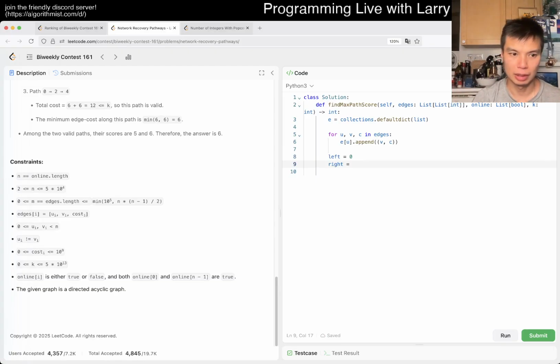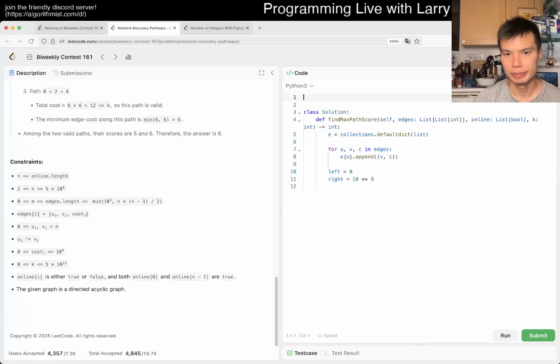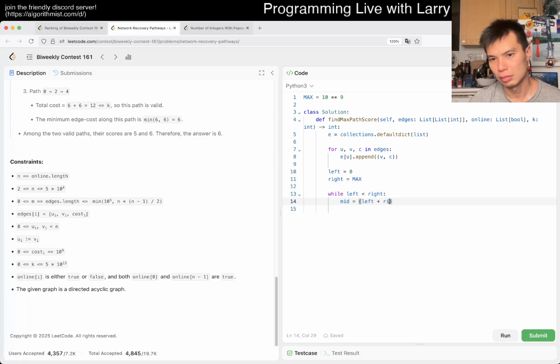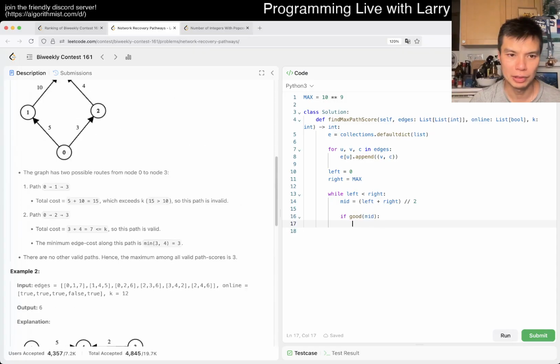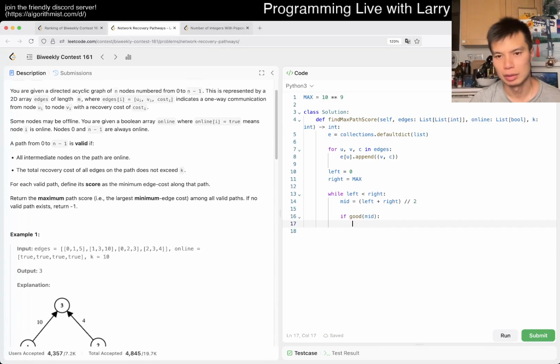Edge is 10 to the 9, so okay. If this is possible, we have to try bigger. So that means our left is equal to mid.